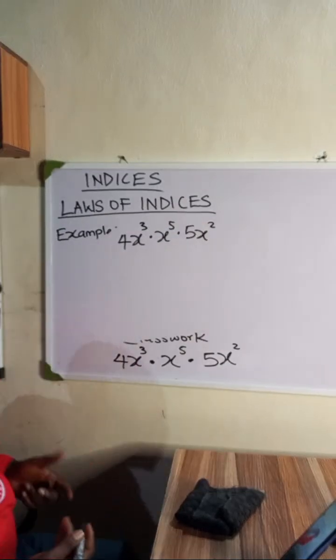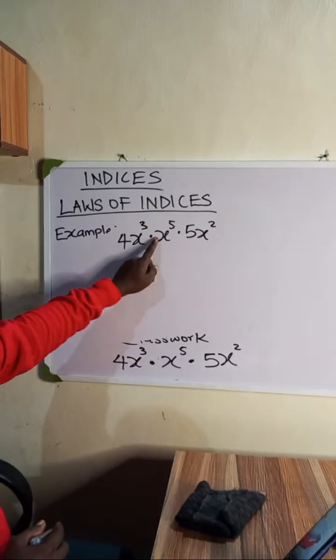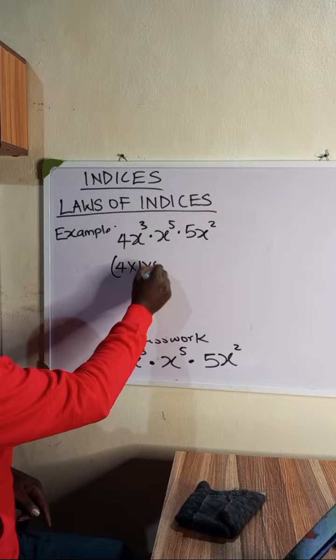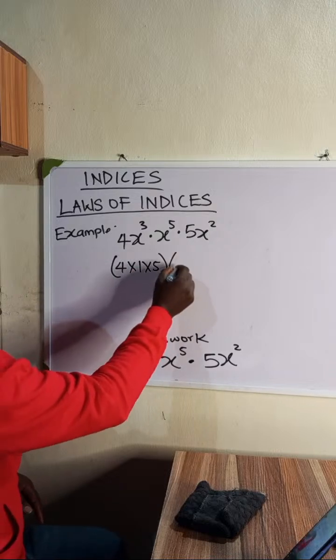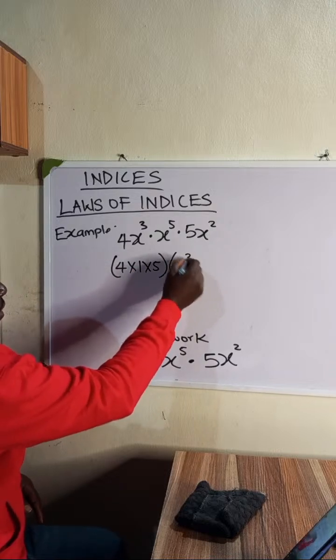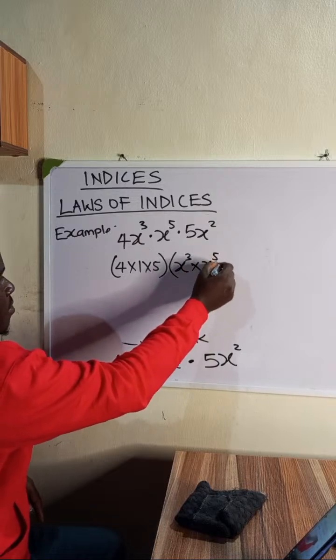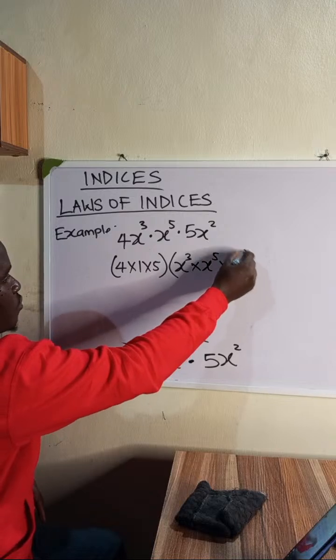Bringing the numbers together, the coefficient of x here is 1, so we have 4 times 1 times 5, and then in the second bracket we have x to the power of 3 multiplied by x to the power of 5 multiplied by x to the power of 2.